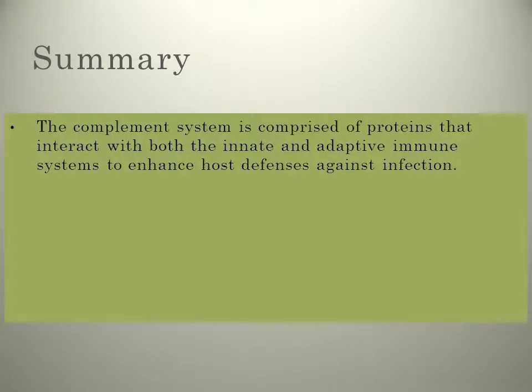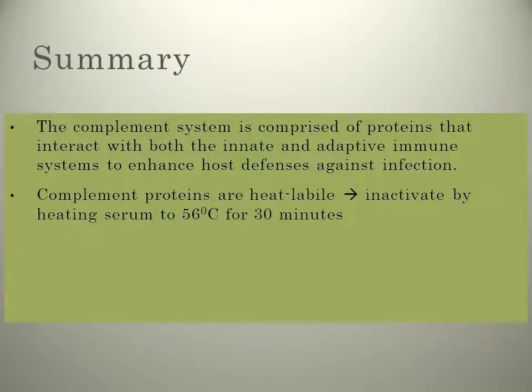To summarize, complement is a group of proteins that interact in a very sequential manner. The activation of one component leads to the activation of the next. Very important in both the innate and the adaptive immune systems. These complement proteins are heat labile. Sometimes when we run lab tests, we are instructed to inactivate complement before we run the test.